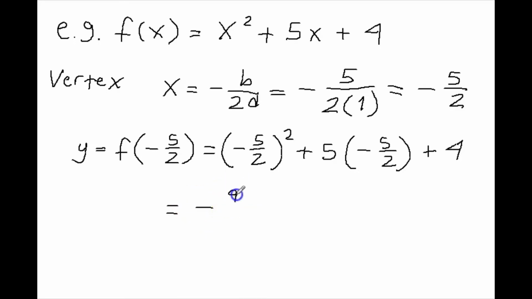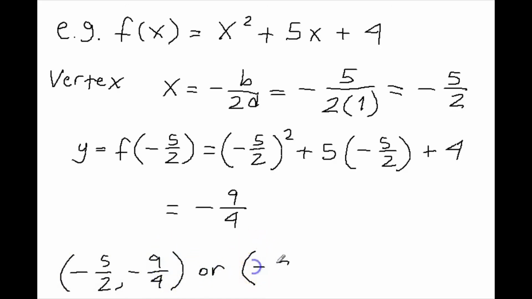Negative 9/4. So the vertex is given by negative 5/2, comma, negative 9/4. Or if they want decimals, negative 2.5, comma, negative 2.25. So there you have it, that's the vertex.